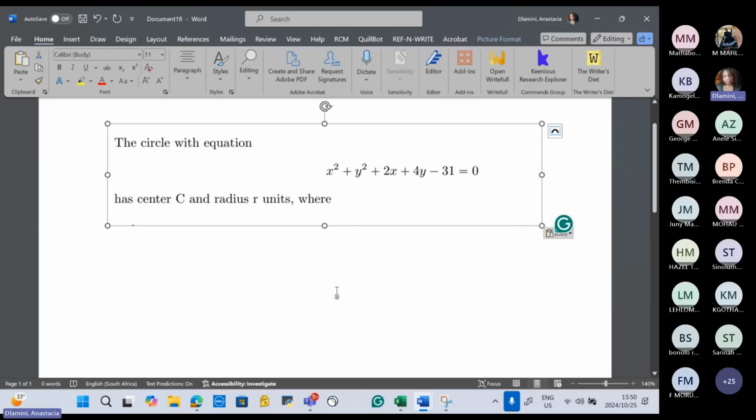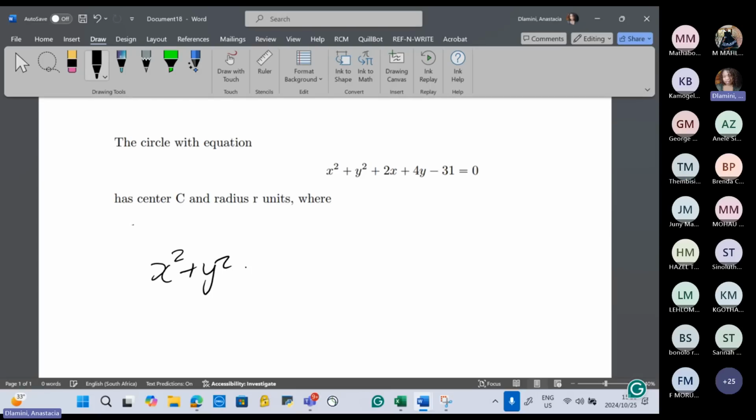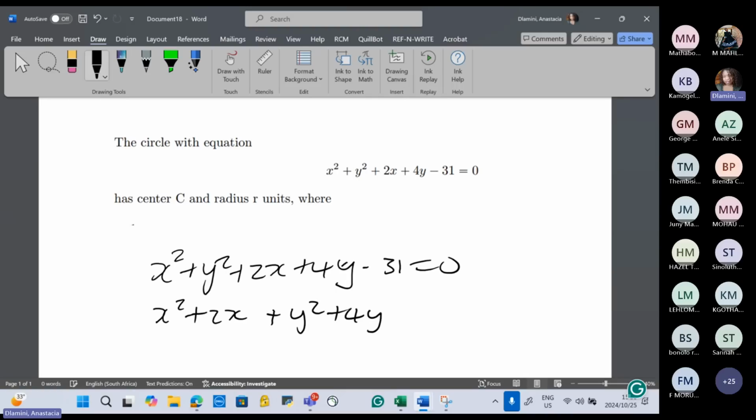We complete the square. First we separate the x's and y's. So we have x squared plus y squared plus 2x plus 4y minus 31 equals 0. So then this is x squared plus 2x plus y squared plus 4y, and you can take the 31 to the other side.